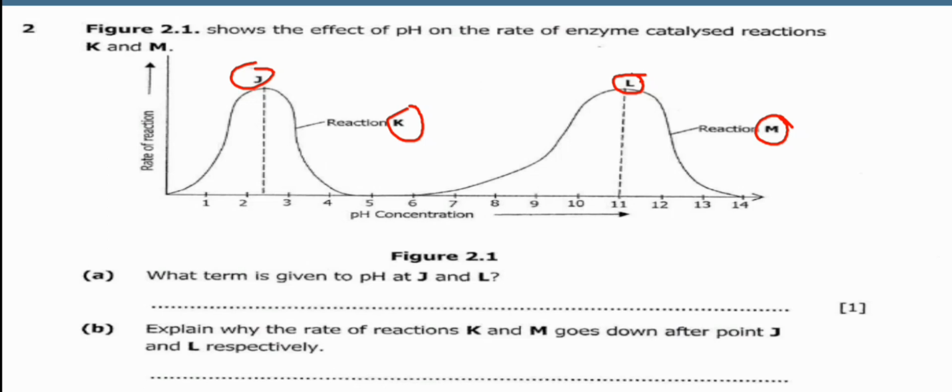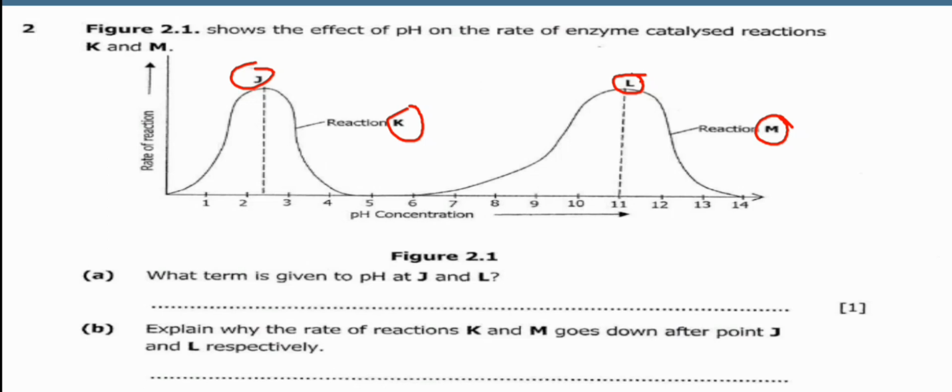For you to identify if J and L is the optimum temperature or the optimum pH, the first thing you need to look at is what you are having in the x-axis. In the x-axis, we are having the pH. That's the reason why we are saying this one is the optimum pH. If in the x-axis we had the temperature, J and L would have been the optimum temperature. So the correct answer here, you can just say the optimum pH.